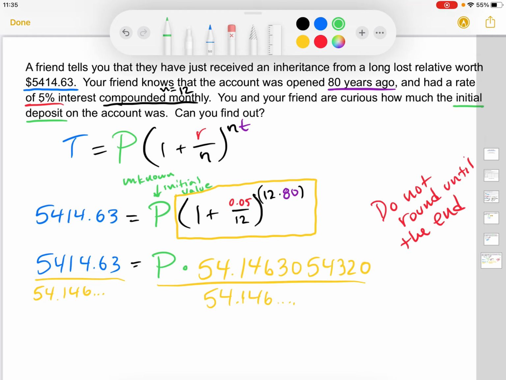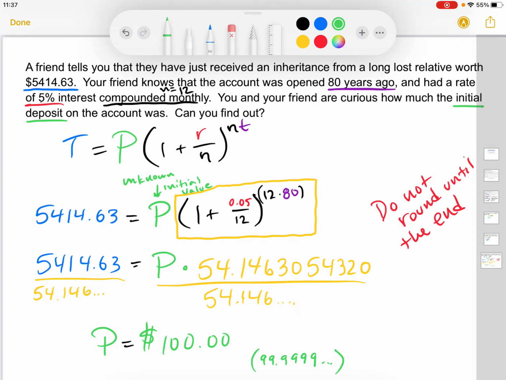And what I'm going to end up with is that my P value here is going to equal $100. You may get like 99.9999 for this. That is definitely close enough to round up to that $100 value, definitely to the nearest cent there.